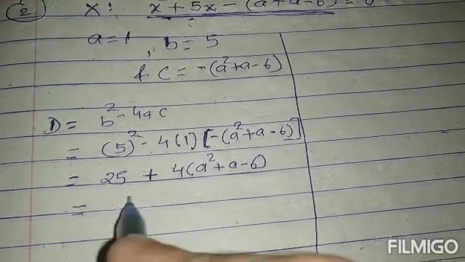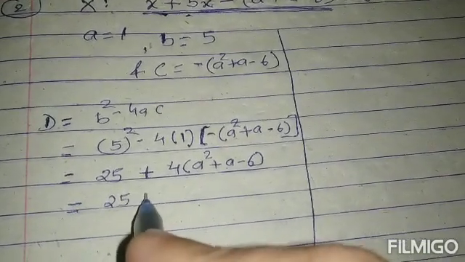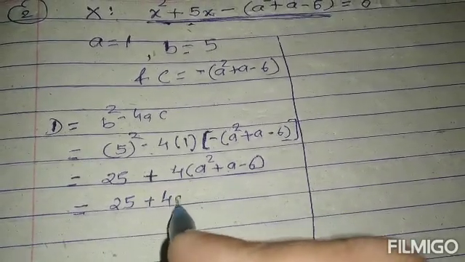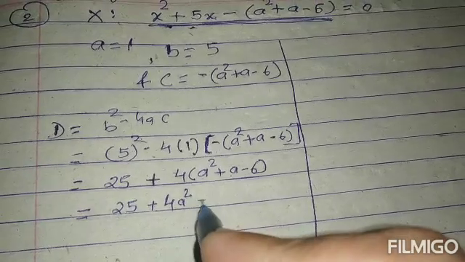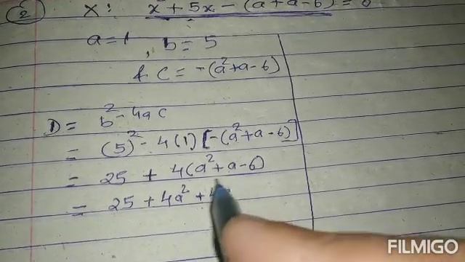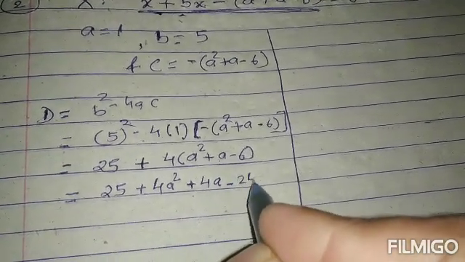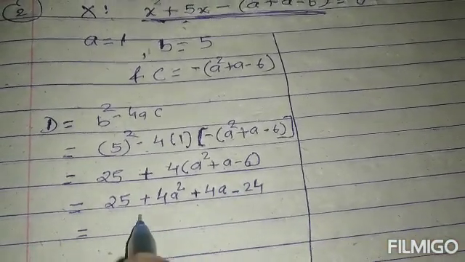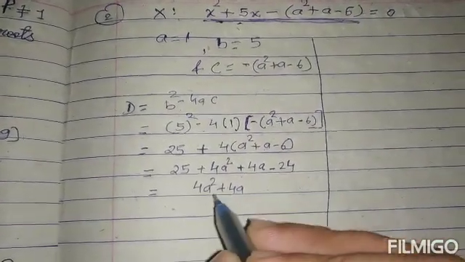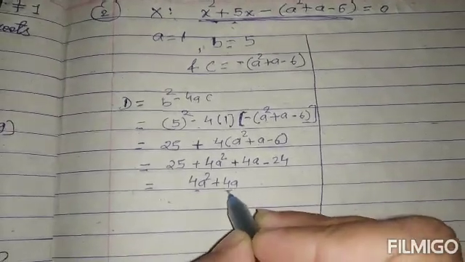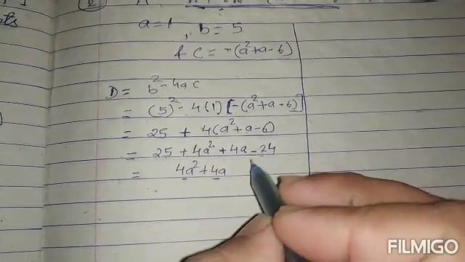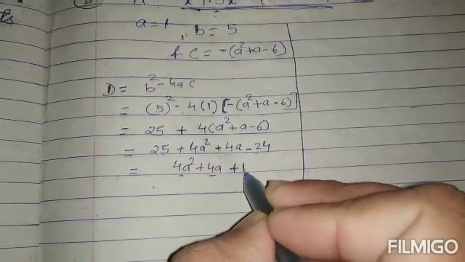If you further simplify, 25 as it is plus 4a square plus 4a, and 4 sixes are 24, minus 24. This can be written as 4a square plus 4a, and 25 minus 24 is plus 1.